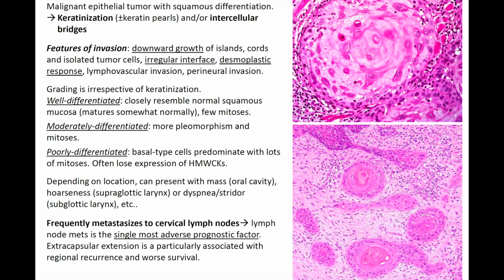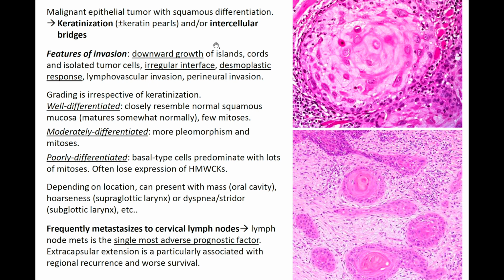So for well differentiated, it closely resembles normal squamous mucosa, matures somewhat normally with few mitoses. Moderately differentiated, there's more pleomorphism and mitoses. And poorly differentiated, you have basal type cells predominant with lots of mitoses and often losing expression of the high molecular weight cytokeratins.